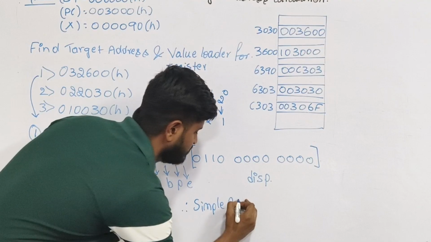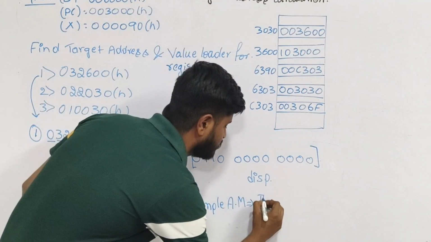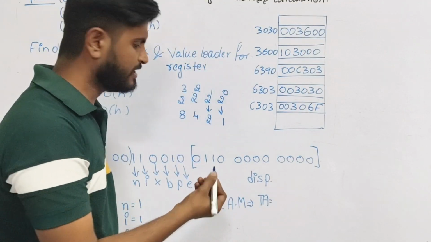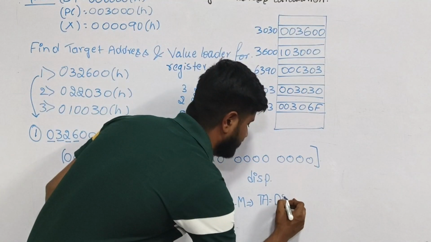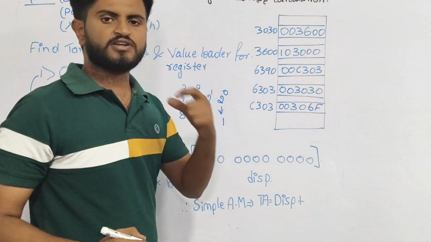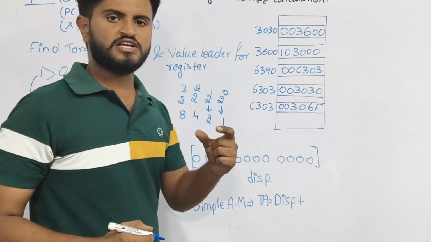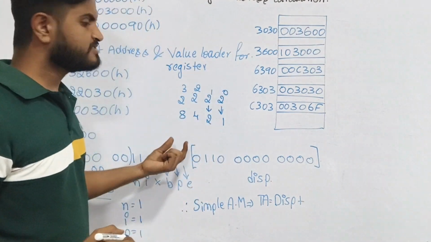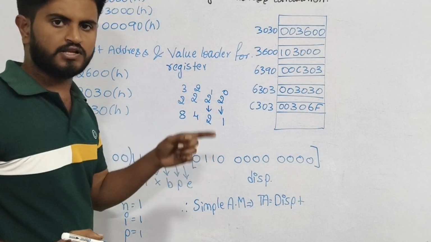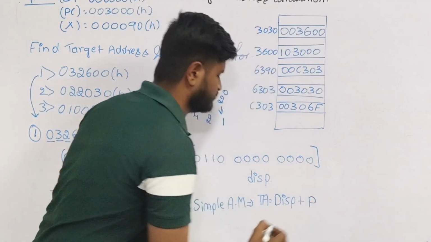Simple addressing mode. And what is the target address for simple addressing mode that I have discussed earlier? Its formula will be the displacement. And I also said a short trick: except e, whichever of the registers has 1 as the value will also be considered. So the p value is 1, so I must add p also.